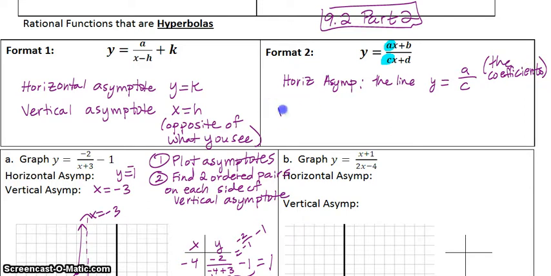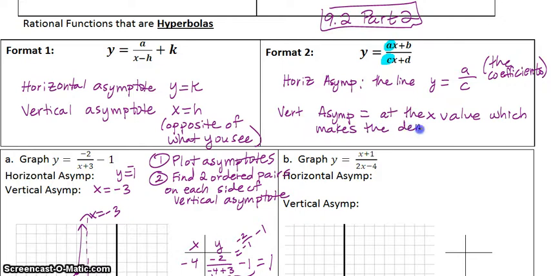The vertical asymptote is at the x value which makes the denominator equal to 0.